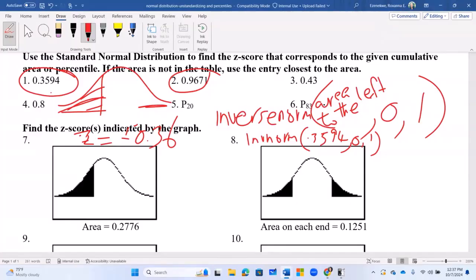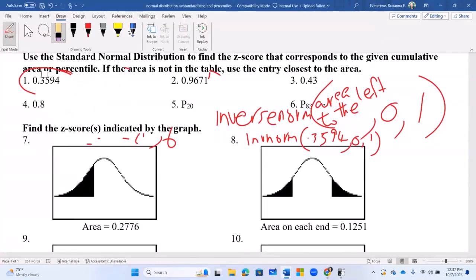This area is greater than 0.5. Therefore, I will find a z-score that is positive. The z-score will be positive. So I'll draw a normal curve first of all and show the area.